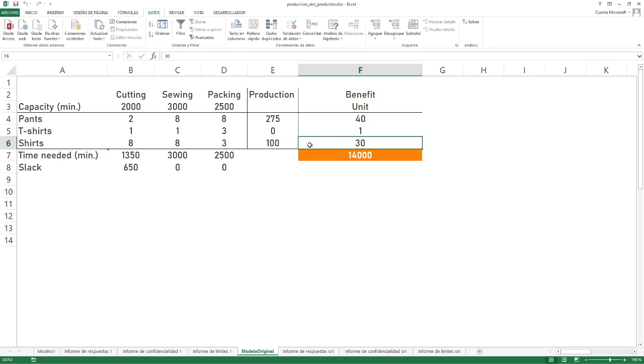So adding this new product in this case means that we can use it or not, we can produce it or not. If it's valuable enough, we're going to produce the new product to some extent. If it's very, very profitable, we're going to just produce that product. And if it is not very interesting, we will produce none of it, as is the case, and we will still have the very same solution.